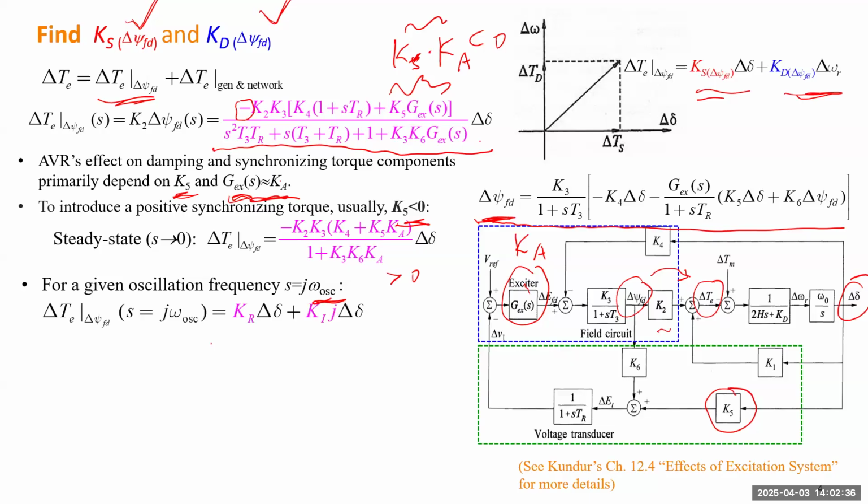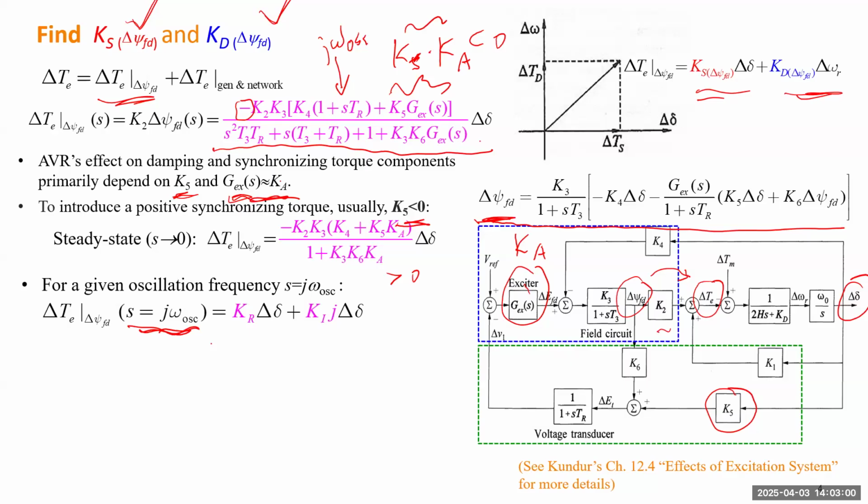For this case, we need to plug this j omega into that transfer function. I won't go into the detailed steps, but if you do it, you just plug that j omega into each S in that transfer function.